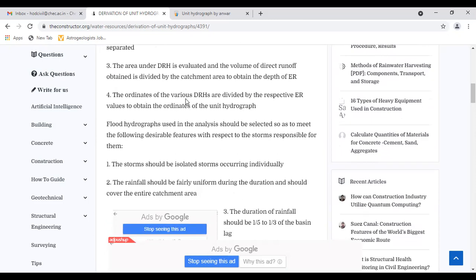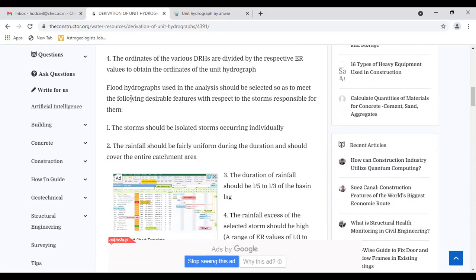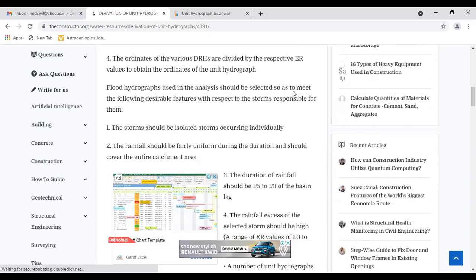The ordinates of the various direct runoff hydrographs are divided by the respective effective rainfall values to obtain the ordinates of the unit hydrograph. Flood hydrographs used in the analysis should be selected so as to meet the following desirable features with respect to the storms responsible for them.